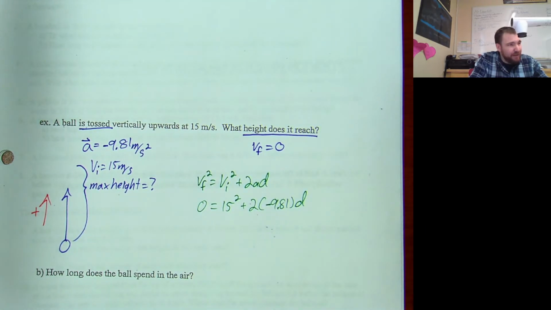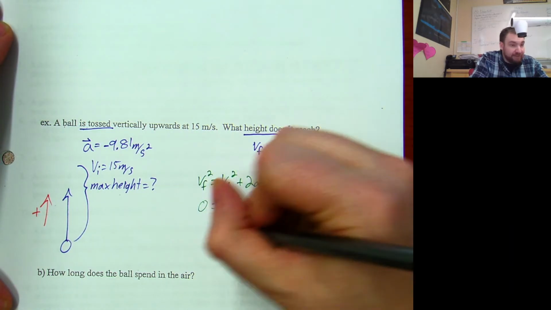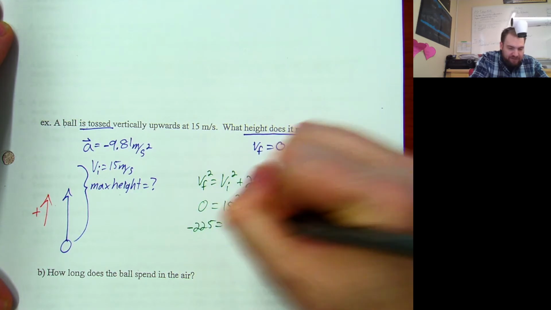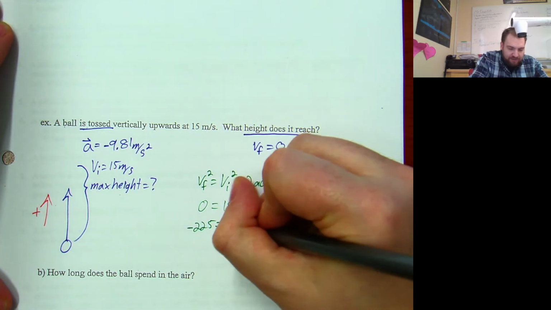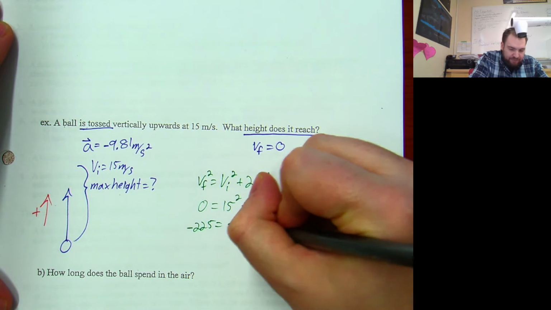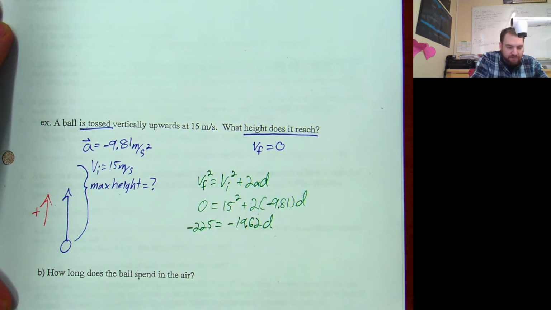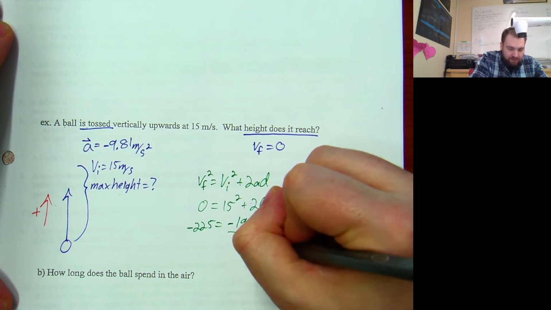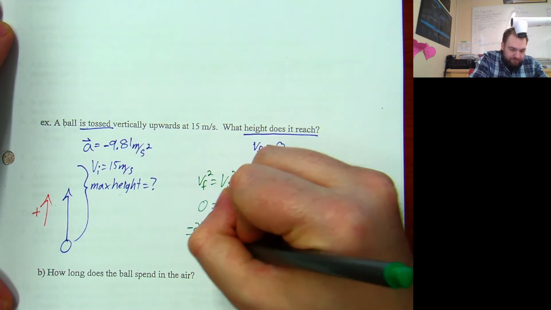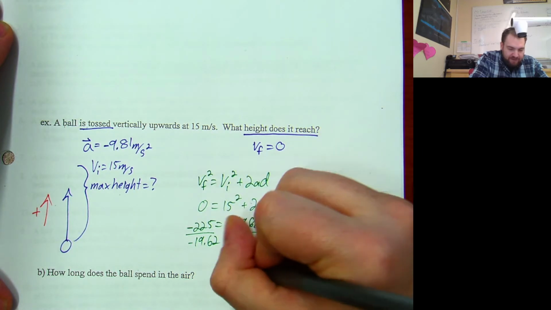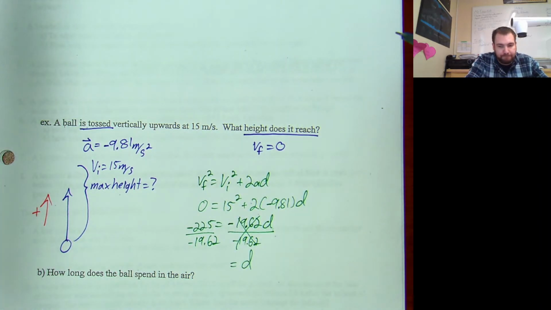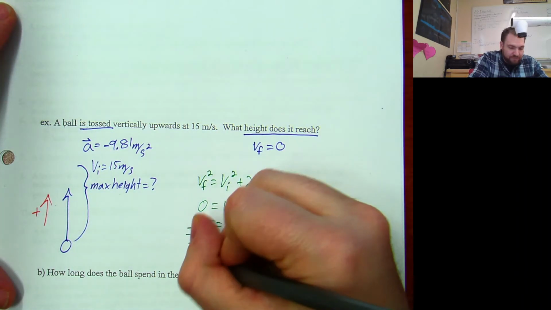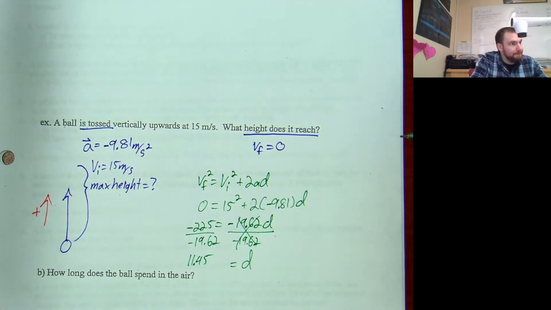Well, 15 squared is 225. And I'm going to subtract it over, so I'm going to get negative 225 equals 2 times negative 9.81, which is negative 19.62, times D. Divide both sides by negative 19.62, and I'm going to get my displacement is equal to what? 11.45 what?